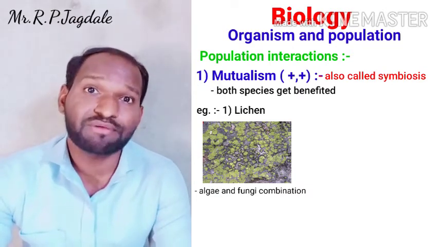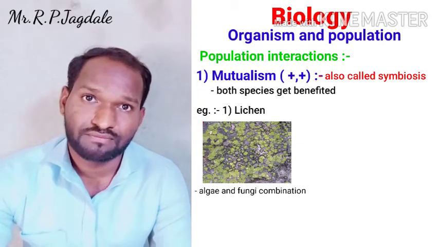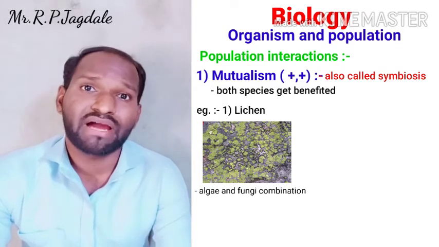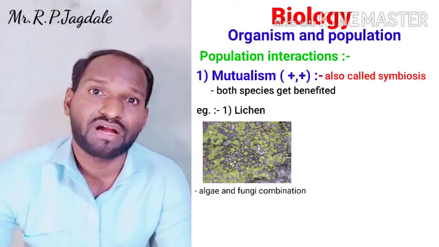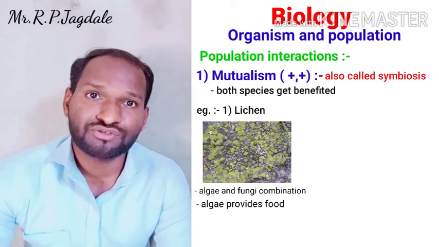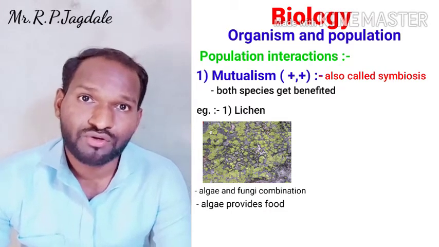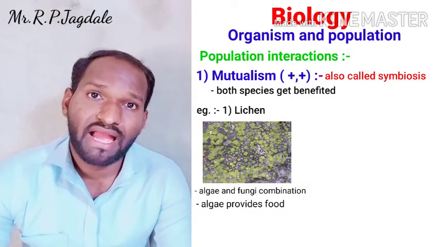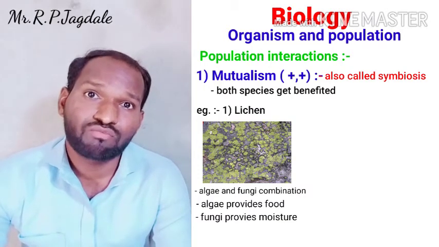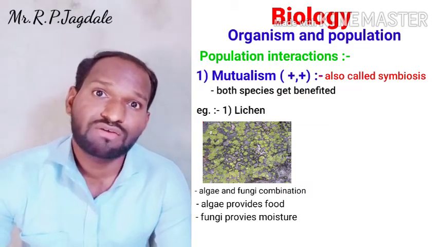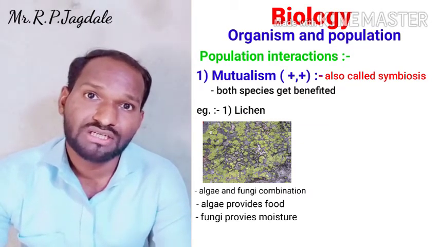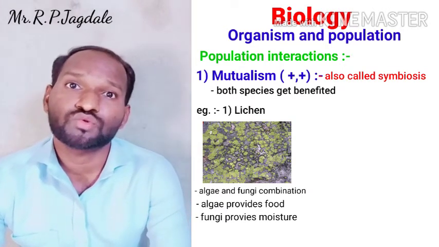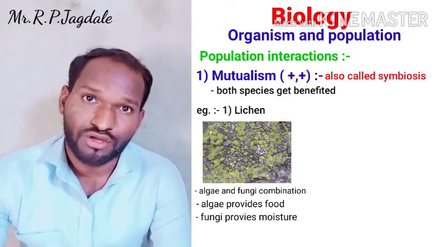Algae can prepare their own food material, and the food prepared by the algae is beneficial to the fungi, because fungi cannot produce their own food material. And fungi keep the condition moist. They store the water and keep moisture in the lichens, and that moisture is beneficial to the algae for growing.